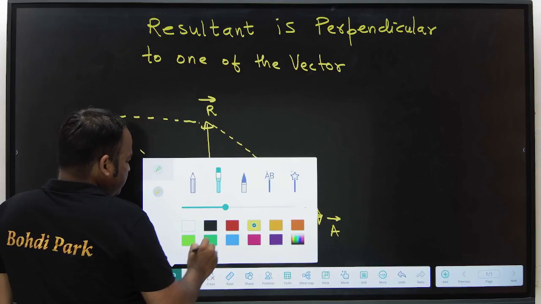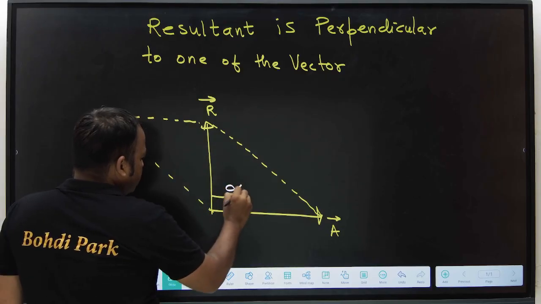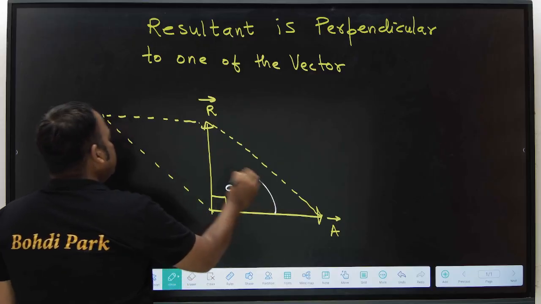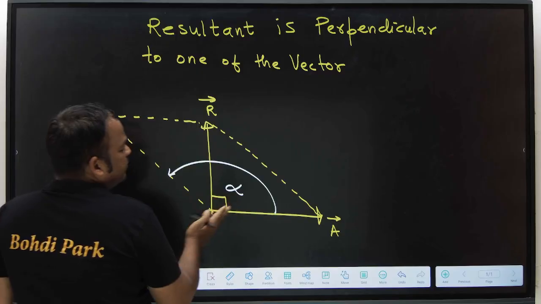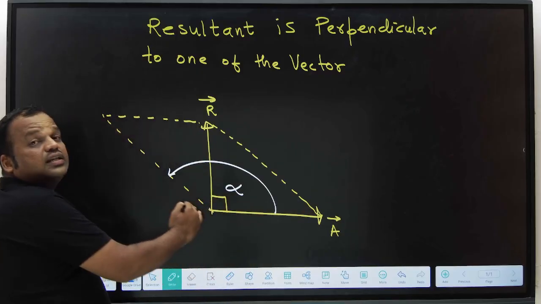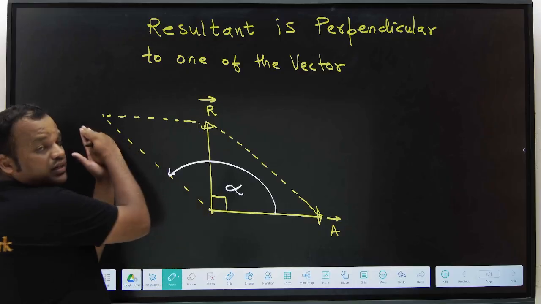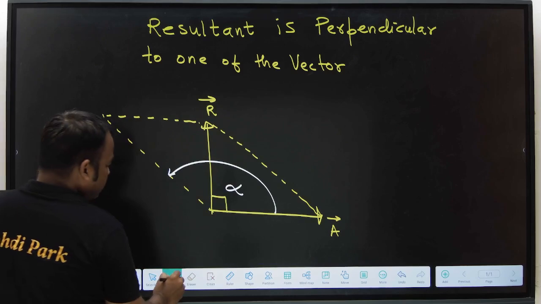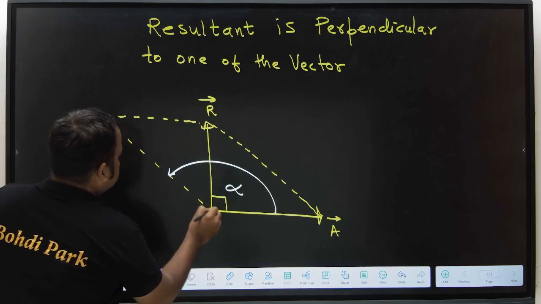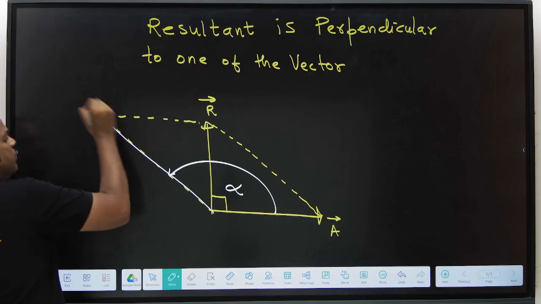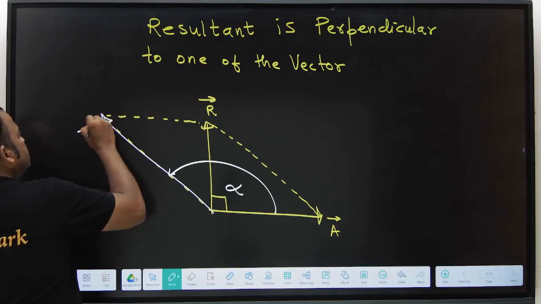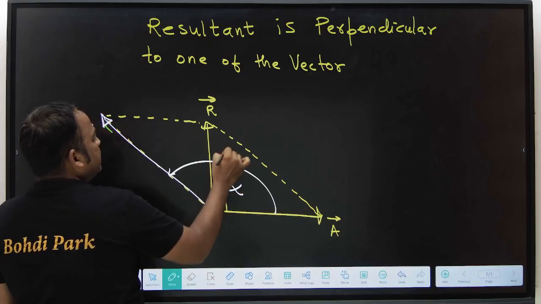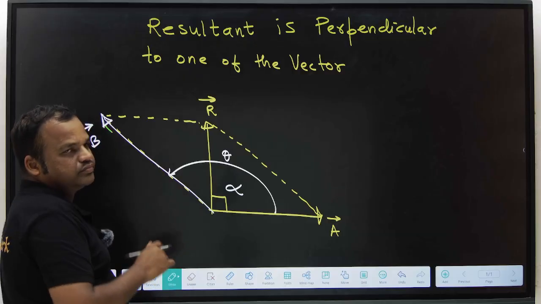So in the parallelogram law, we denote this angle by alpha, and we denote the angle between A vector and the other vector. Now here is the other vector, that is B vector. The angle between A vector and B vector is theta.